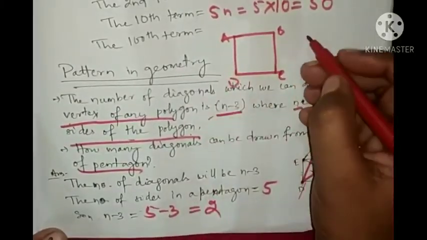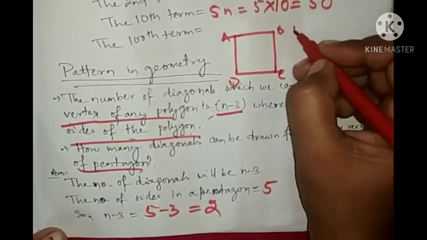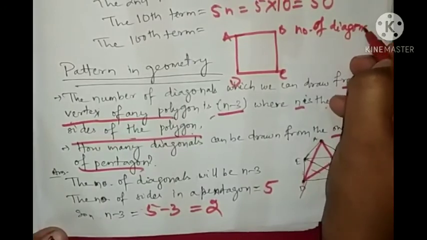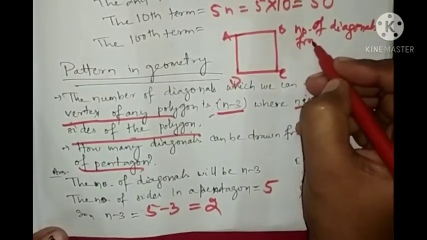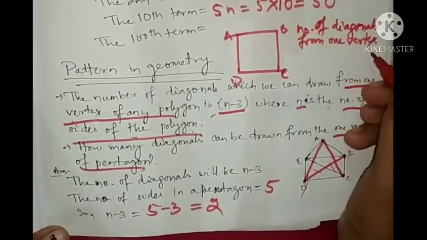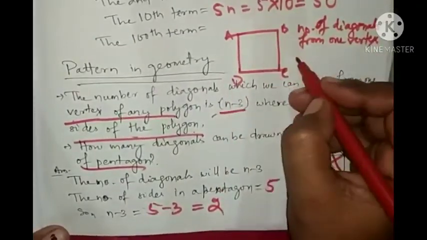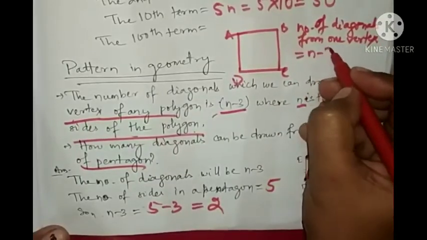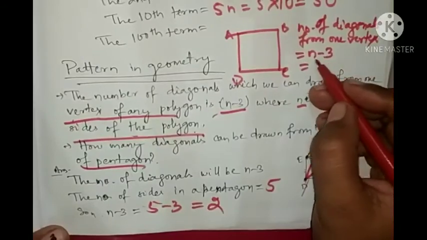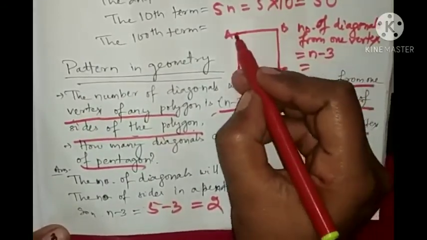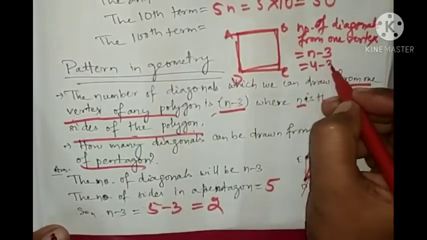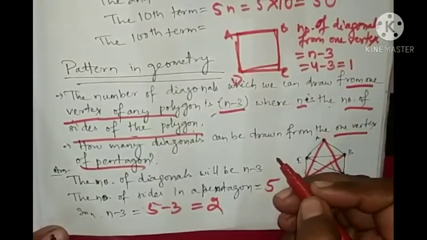Here also we can apply the formula. The number of diagonals from one vertex, always remember, is n minus 3, where n is the number of sides of the polygon. There are 4 sides, so 4 minus 3 equals 1.